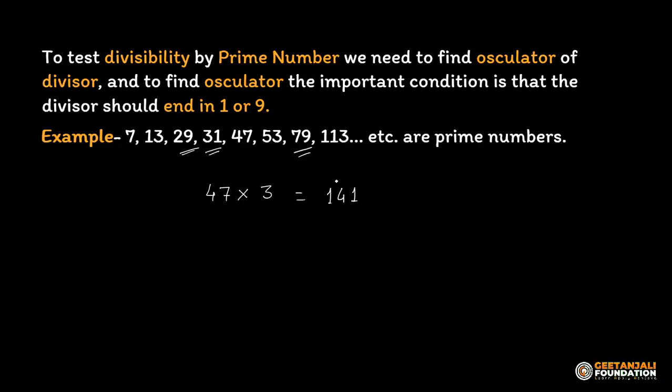So you will follow the method to find the oscillator of this number, and the same oscillator will be the oscillator of 47. For example, if you have to find the oscillator of 113, you can multiply this by 3 again. So you get 339. This number ends in 9. Now you can find the oscillator, and whatever oscillator you get from here will be the oscillator for 113.